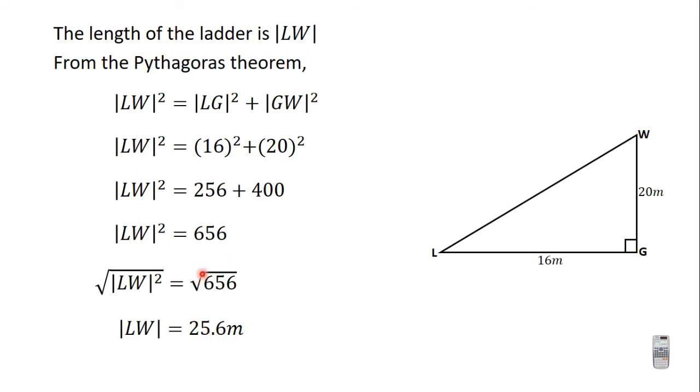If you find the square root of 656 and correct your answer to 3 significant figures, you have 25.6 meters. Once again, if you want to learn how to correct your answer to a given significant figure, watch the video on approximations. I explained how to do that and how to use your calculator to do that also. So the length of the ladder is 25.6 meters. So we can say that the ladder is 25.6 meters long.